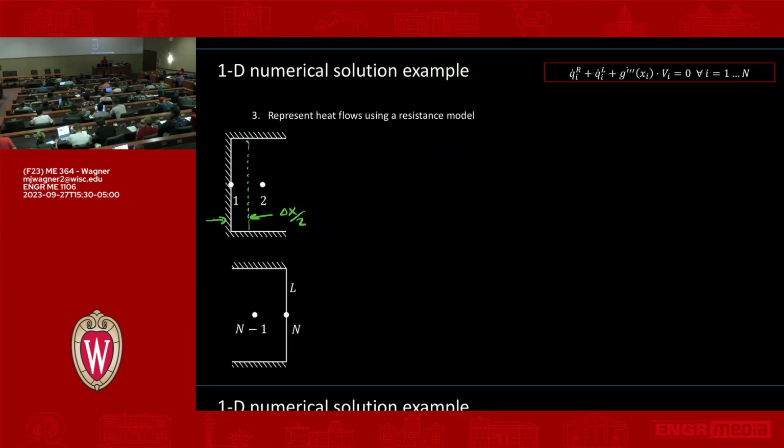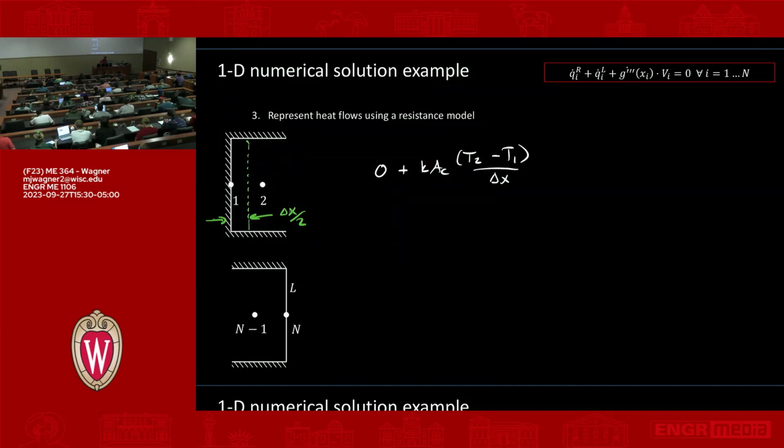All right, so we can write out another equation here. Let's skip the steps of q dot left and right, but just think about what those are. Starting with q dot left, what is q dot left in this case? 0. It's adiabatic. Plus, what is q dot right? Well, that's going to be, again, conduction, k A_C, from T2 to T1 over delta x. The distance to conduct is still delta x, 2 to 1.